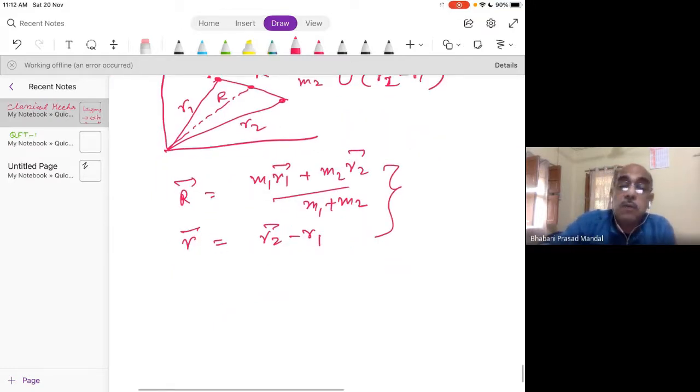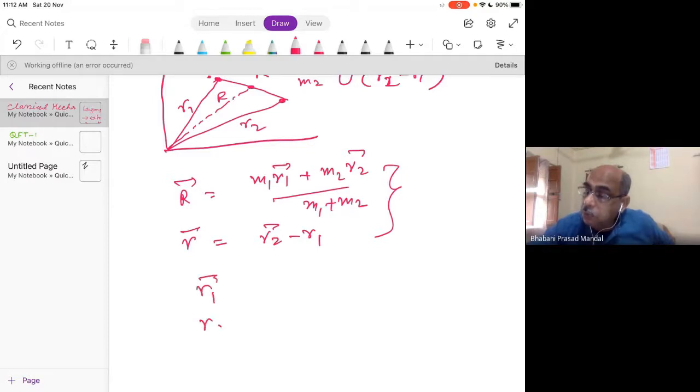So what you'll get, if you solve, then you will find... okay, so I'll not do this solution, you do this solution yourself and solve these two in favor of R1 and R2.